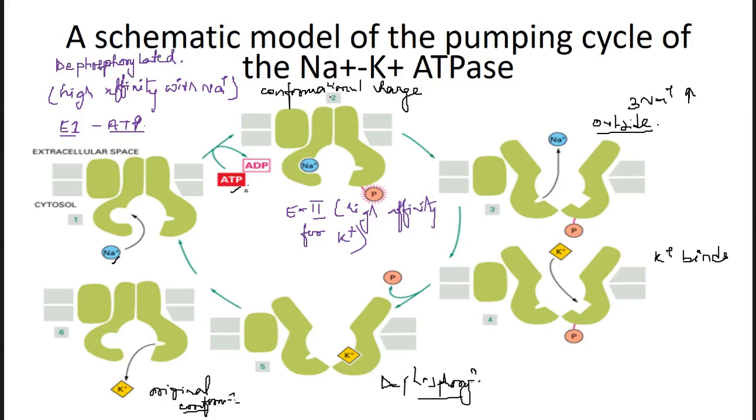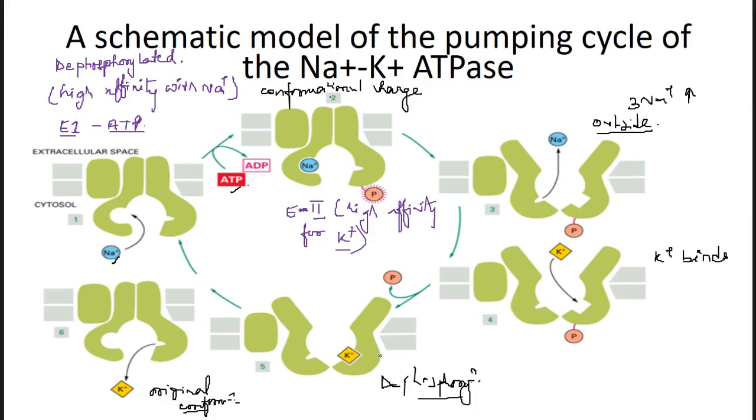And once ATP is hydrolyzed, once they are phosphorylated on their aspartate residue, this E2 conformation is formed. The E1 is flipped to E2. Now this E2 has high affinity for potassium. It will bind to potassium. The phosphorylated state has high affinity for potassium, and this phosphorylated state is known as E2.